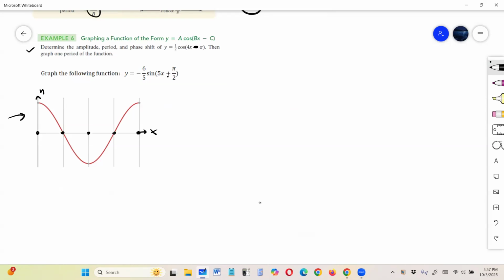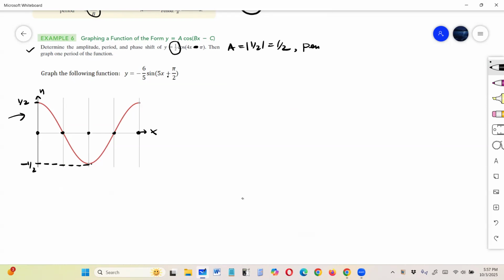Here are the 5 key points. Okay, so I already know the amplitude is absolute value 1/2, which is 1/2. So in here, I already put in 1/2, and this is the other location, which is negative 1/2. This is how high and how low the function can go. All right, so amplitude is here.